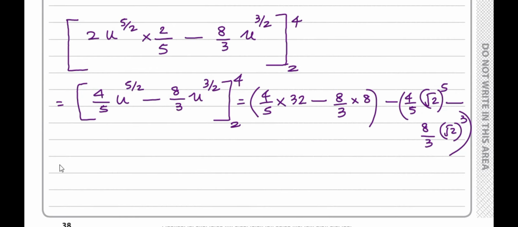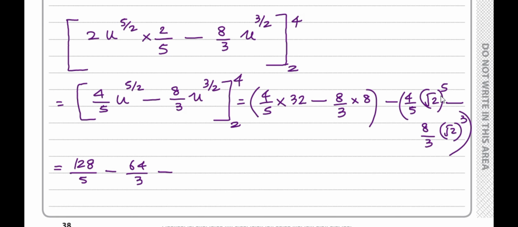Simplifying this, we get 4 times 32 is 128 over 5, minus 64 over 3, minus, this is 4 times square root of 2 to the power of 5.